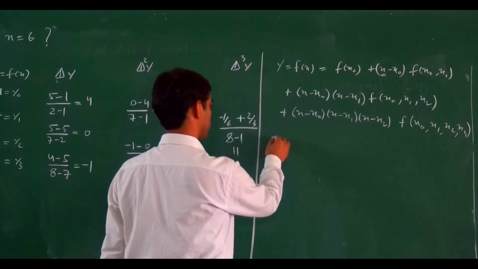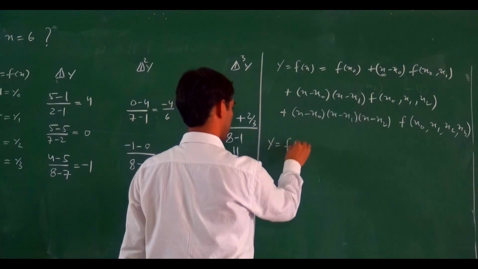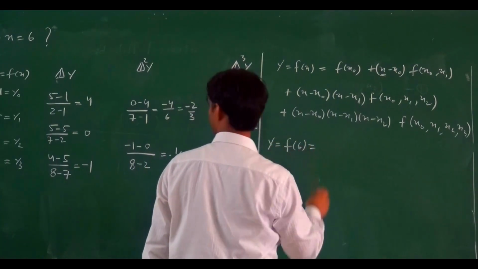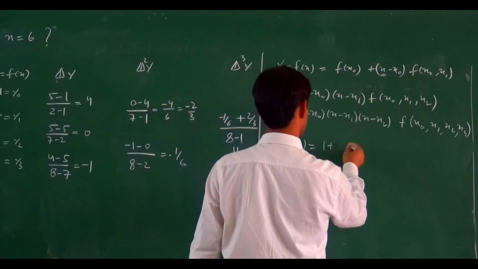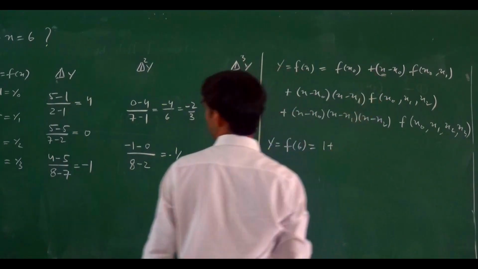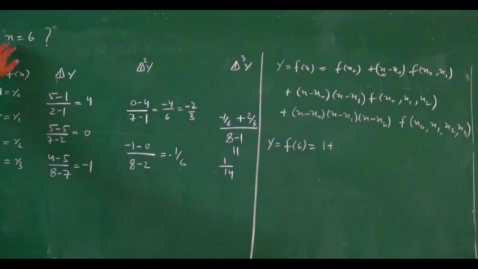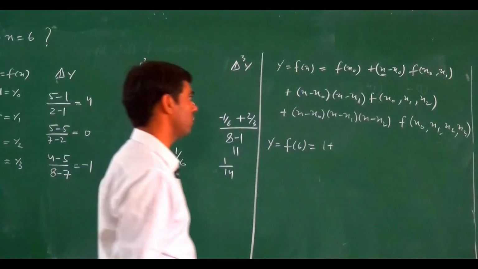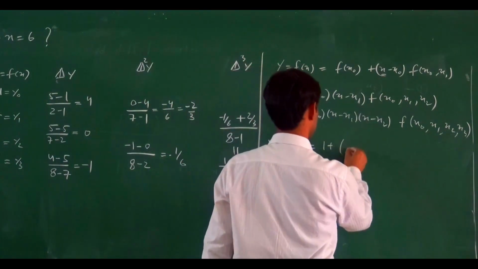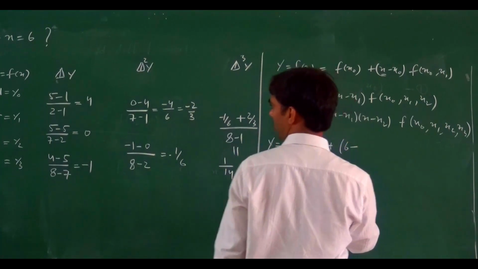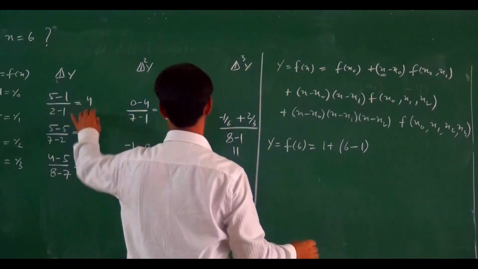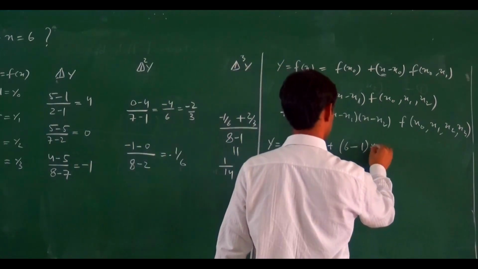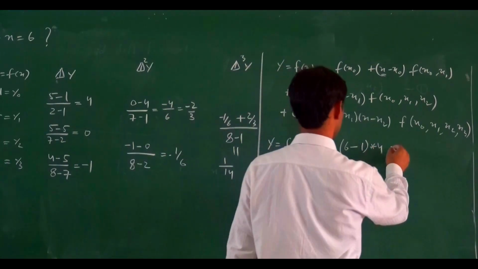So f of 6 equals f of x0, which is 1, plus 6 minus x0, where x0 is 1, times the first order divided difference, 4.